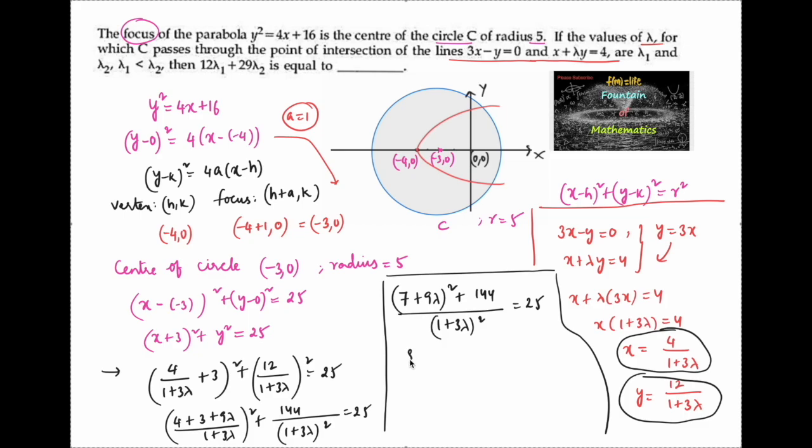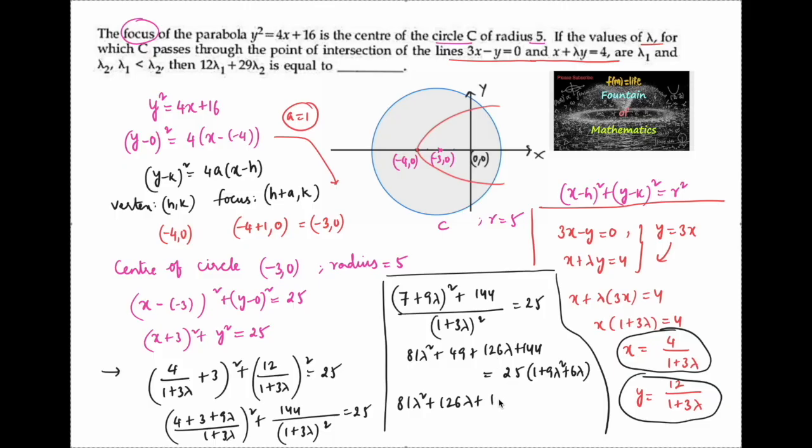So the numerator we can write 81 lambda square, and here 7 sevens are 49, plus 2 nines are 18, 18 sevens are 126, plus 144 is equal to 25 times (1 plus 3 lambda) whole square, we can write 1 plus 9 lambda square plus 6 lambda. So this can also be written 81 lambda square plus 126 lambda plus 144 plus 49.